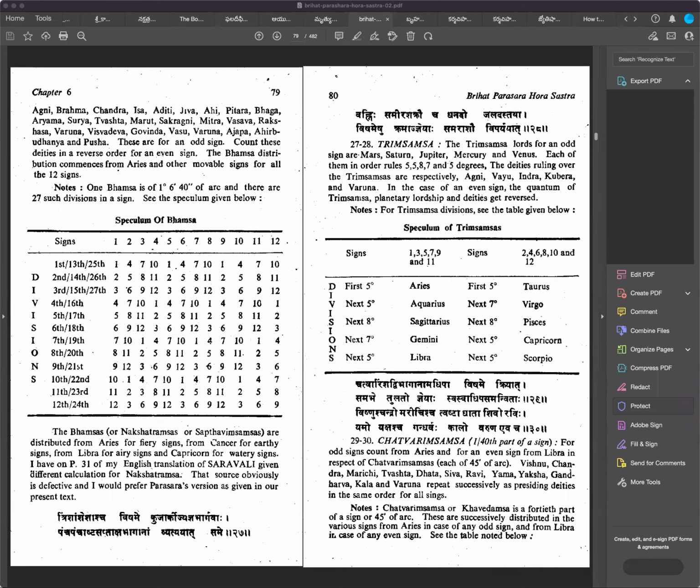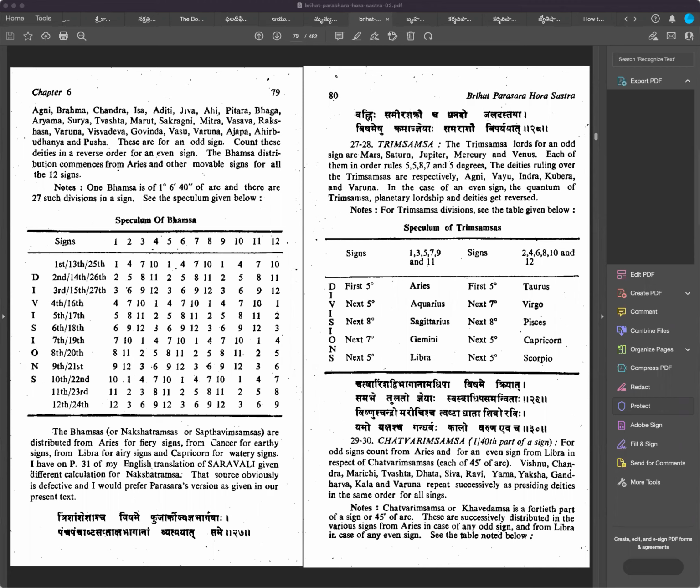This is also one of the most important divisions. Bhamsha: in Sanskrit, Bham means space, sky, because each sign is divided according to the 27 nakshatras. So 27 divisions.